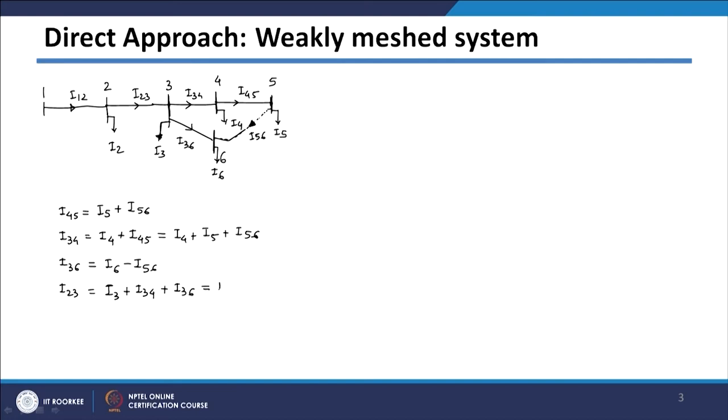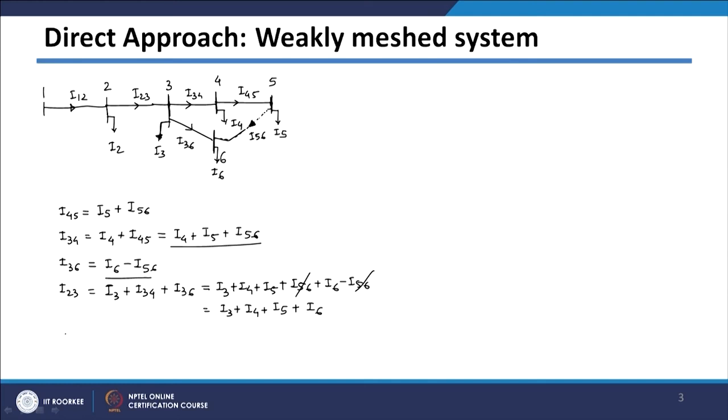So if you add them, it will be I3 plus I34, which is I4 plus I5 plus I56, and here it is plus I6 minus I56. So the I56 terms get cancelled out. What will remain is I3 plus I4 plus I5 plus I6.